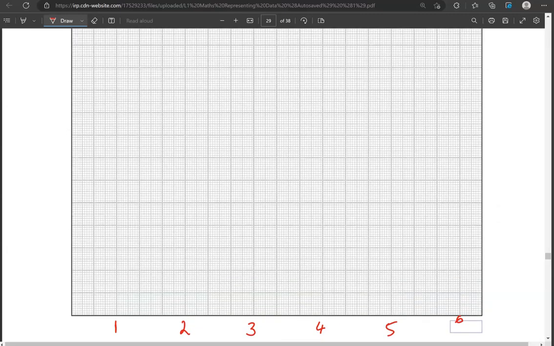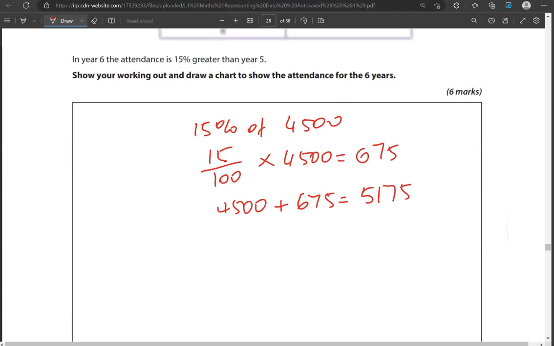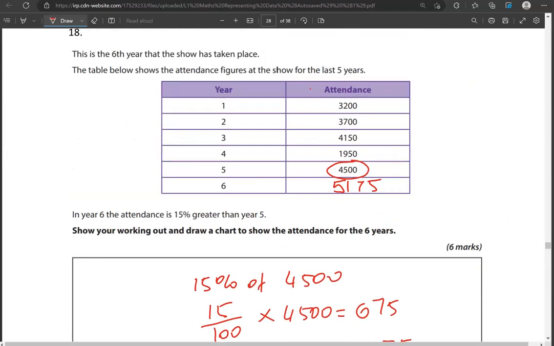It shows the progress or the change over time more clearly. And vertically will show attendance, and the highest number is the last one, so about 5,200.